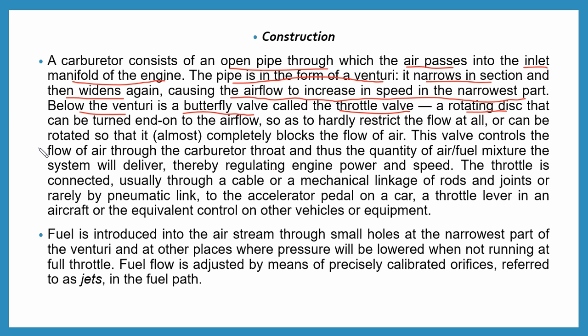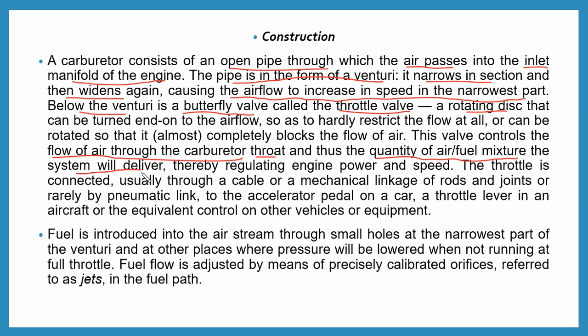So this throttle valve controls the flow of air through the carburetor throat, and thus the quantity of air and fuel mixture delivered into the combustion chamber during the suction period.